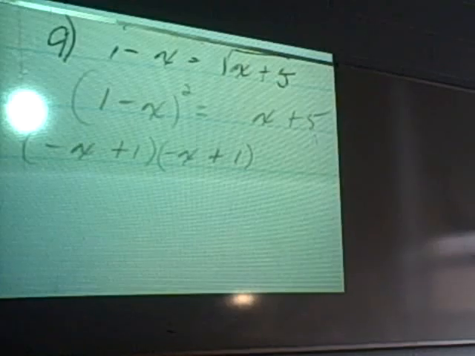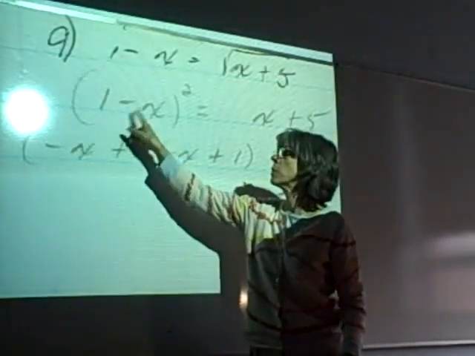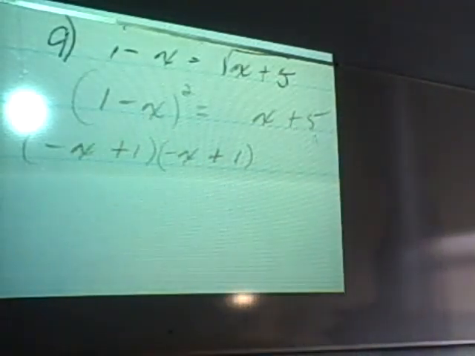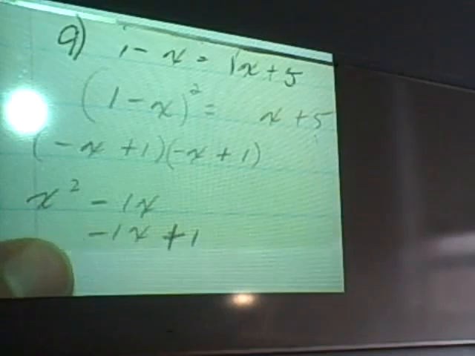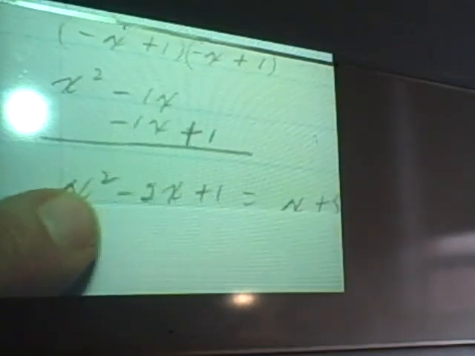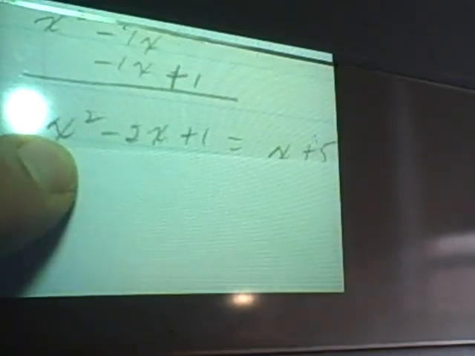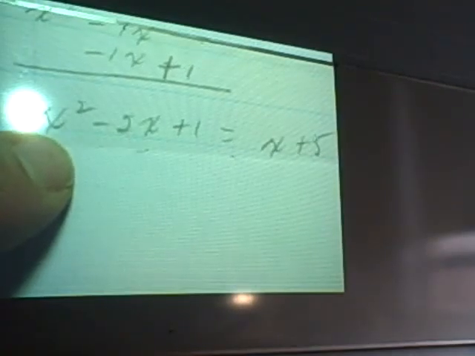They have a binomial, remember, and I'm going to be using that language today. I have a binomial, 2 terms. So just be careful when you're multiplying those. And I end up with x squared minus 2x plus 1 equals x plus 5.